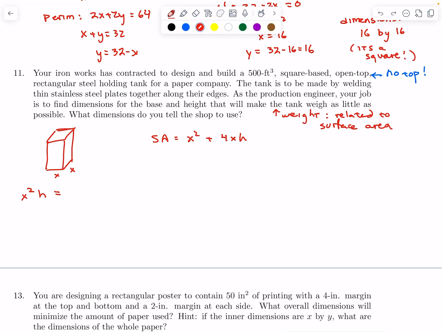This time the volume is 500. Should be getting better at these. Got 2,000, 2,000 over x.